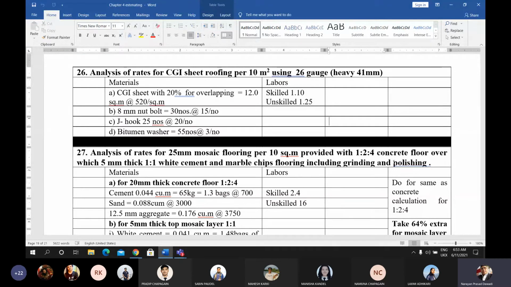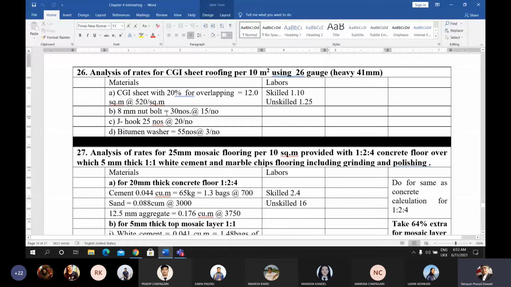The bitumen washer is used before nut bolting, and about 55 numbers may be used for 10 square meters, available in the market at 3 rupees per number. These are the materials for the CGI sheet.